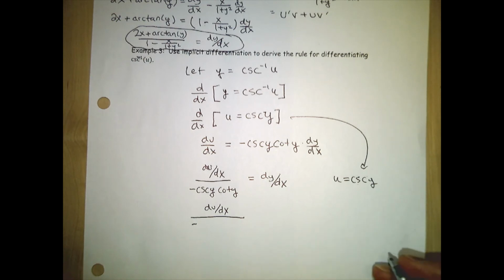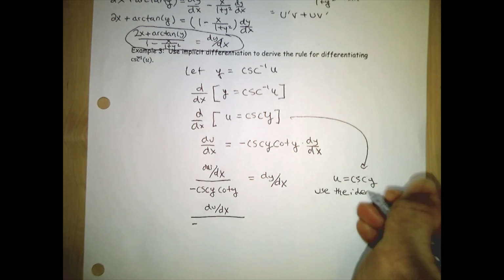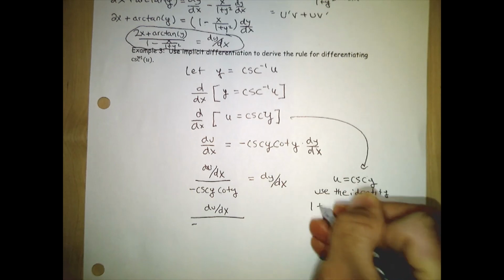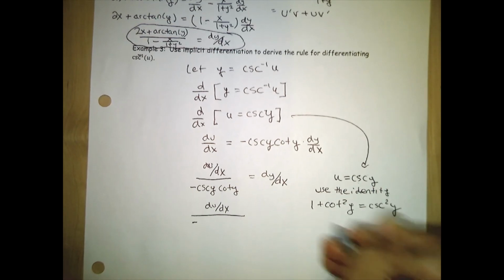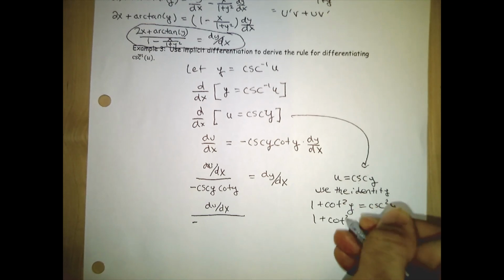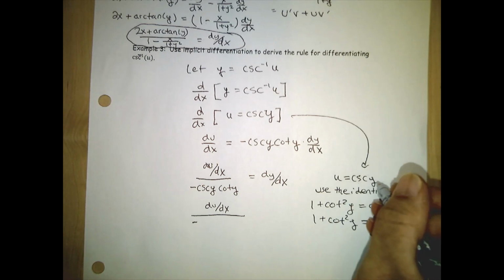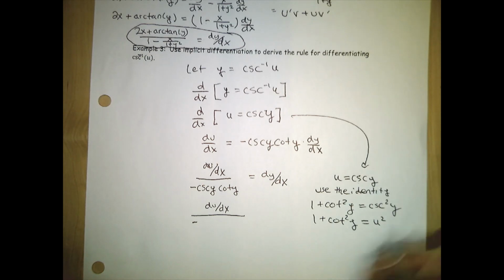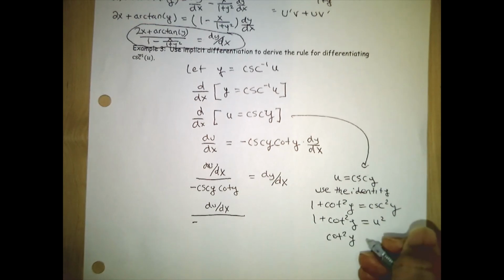Well, you could use the identity of 1 plus cotangent squared y is cosecant squared y. So we have 1 plus cotangent squared y is equal to u squared, since cosecant of y was u. And then I'll subtract 1 to get cotangent squared y is u squared minus 1.